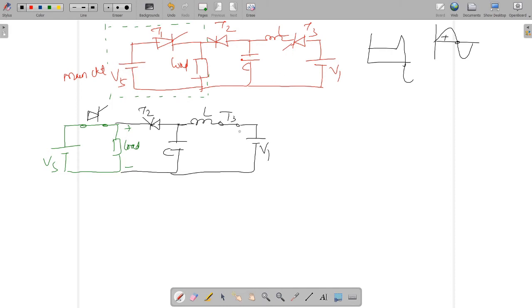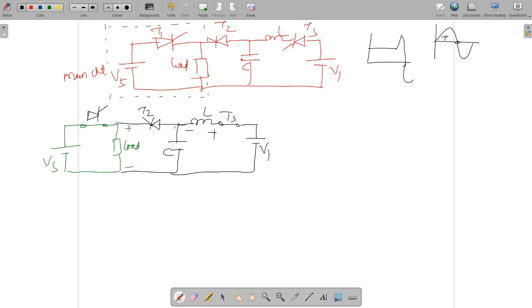So there will be a sudden increase in the current because you are having a closed circuit, but this inductor will always oppose any sudden change in the current. It means that to provide the opposition, your inductor will be having some polarity, so you will get the positive polarity at this point and negative polarity at this point.